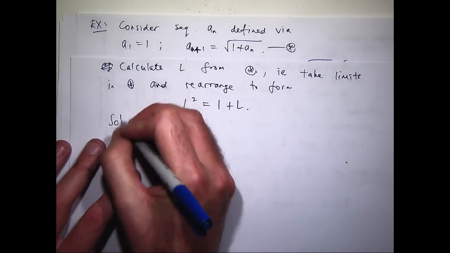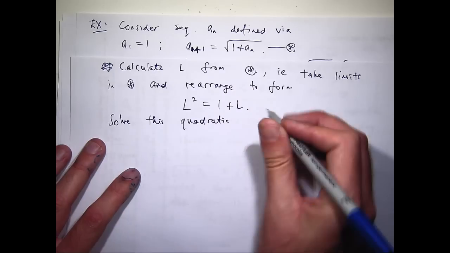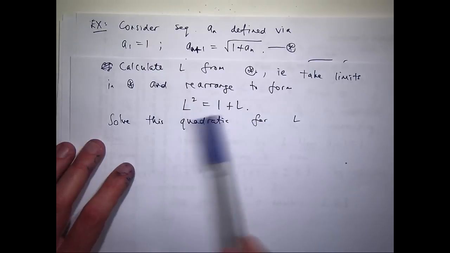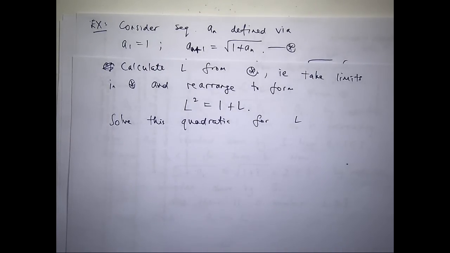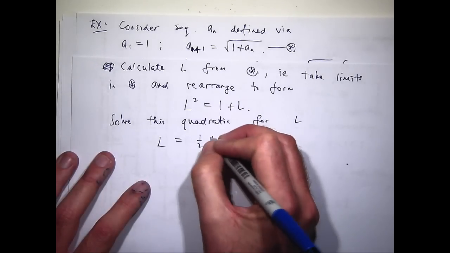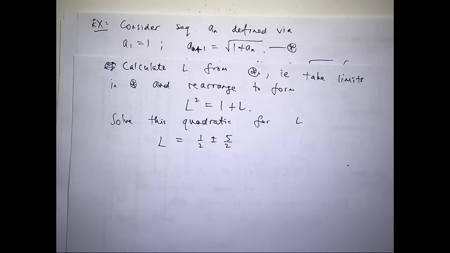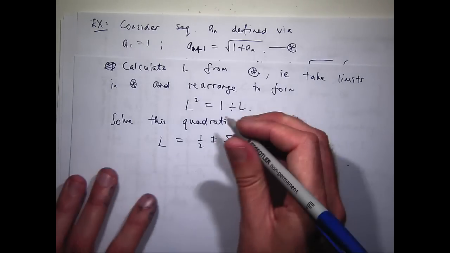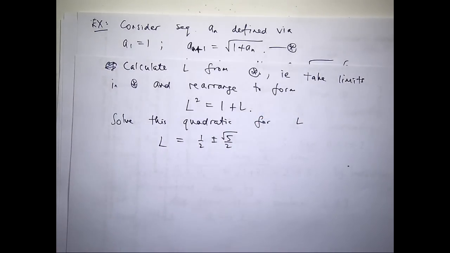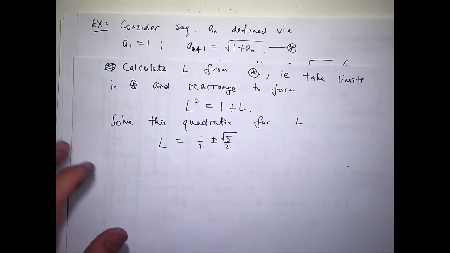So you can solve that a variety of ways. I think I just completed the square, and you'll get something like this. Is that right? Root 5. Okay, so which one do we want? One of these is going to be positive, one of these is going to be negative. Well, we want the positive value for L, because obviously the values of our sequence have got to be positive.